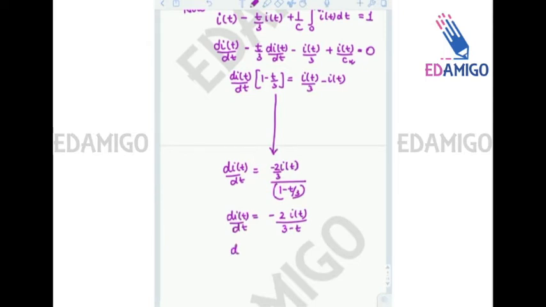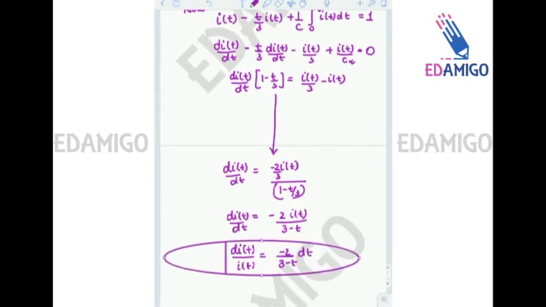Okay, so from here we can see that dI(t)/I(t) is equal to minus 2 by (3 minus t) dt.